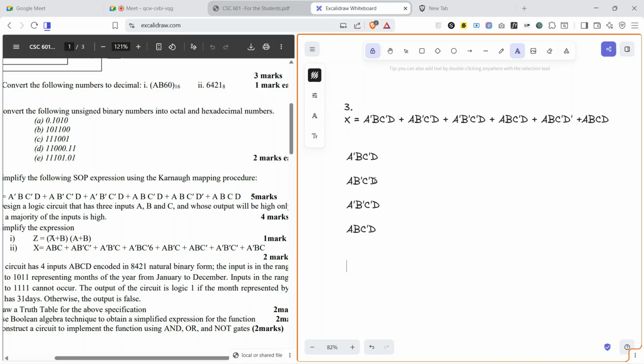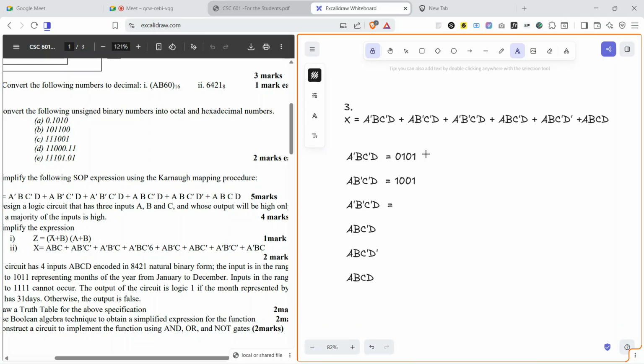Now representing this, anything that has a bar is zero. So this would be 0101. Then this should be 1001.